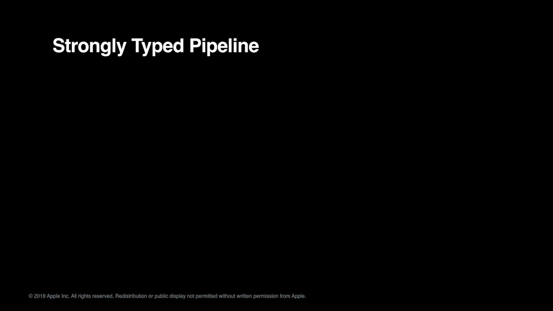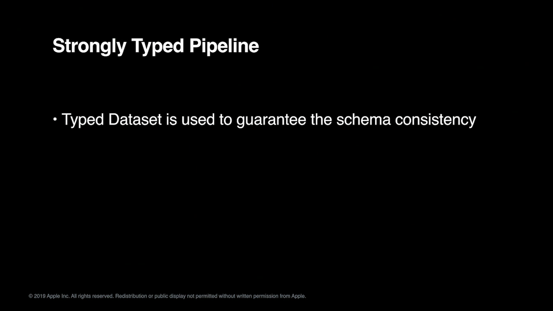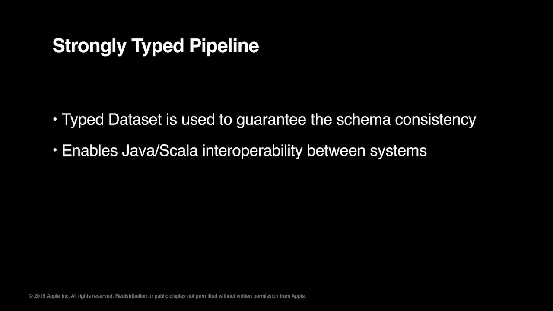But why do people still like Dataset? Because it provides a lot of benefit to people. It's a typed API. It guarantees schema consistency at compile time. It's good. And also, it's easier to exchange code between Java and Scala with the Dataset API.